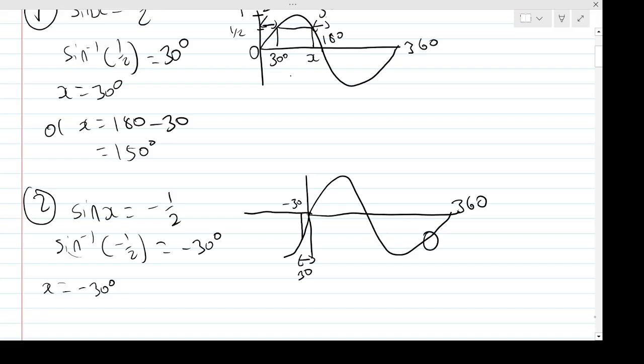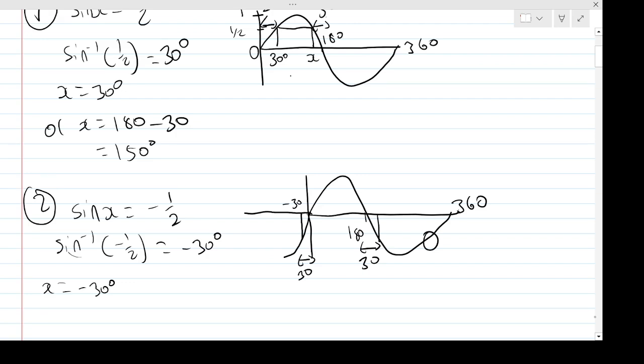Now that is the same gap between 180 and this next solution there. Again, if we read off, that's that solution there. The gap between 180 and the next solution would also be 30. It's symmetrical, and that's what we'll be using.